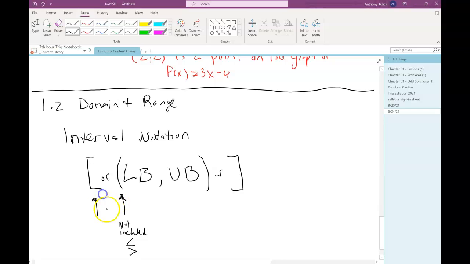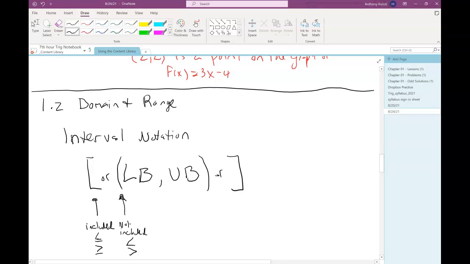The bracket means that the lower bound is included, so it would likely have been part of a relationship of less than or equal to or greater than or equal to. The same thing goes at the upper bound end. I'm not going to rewrite all that, but the parenthesis and the bracket mean the same thing there.